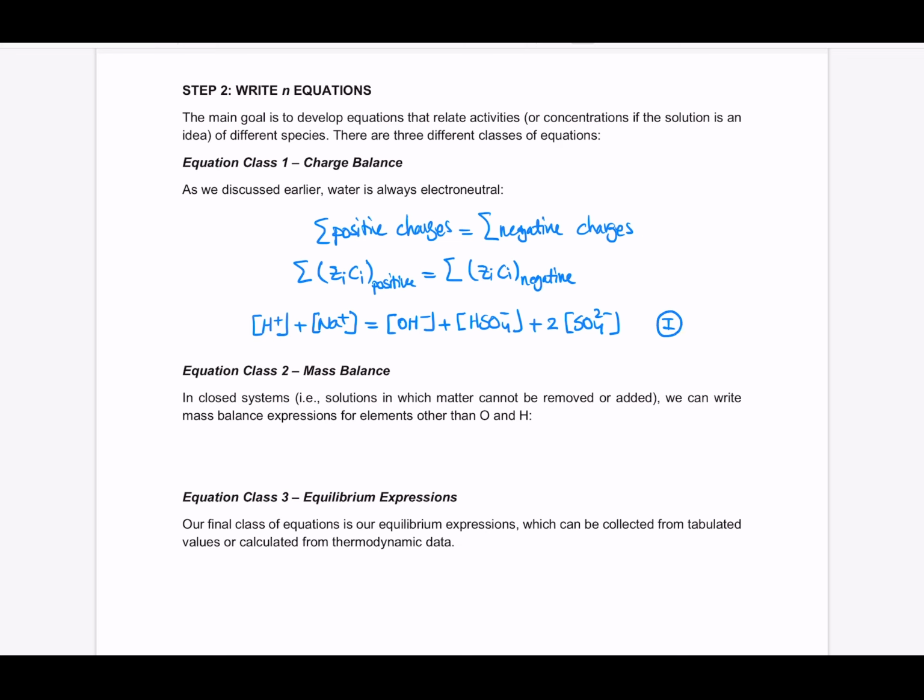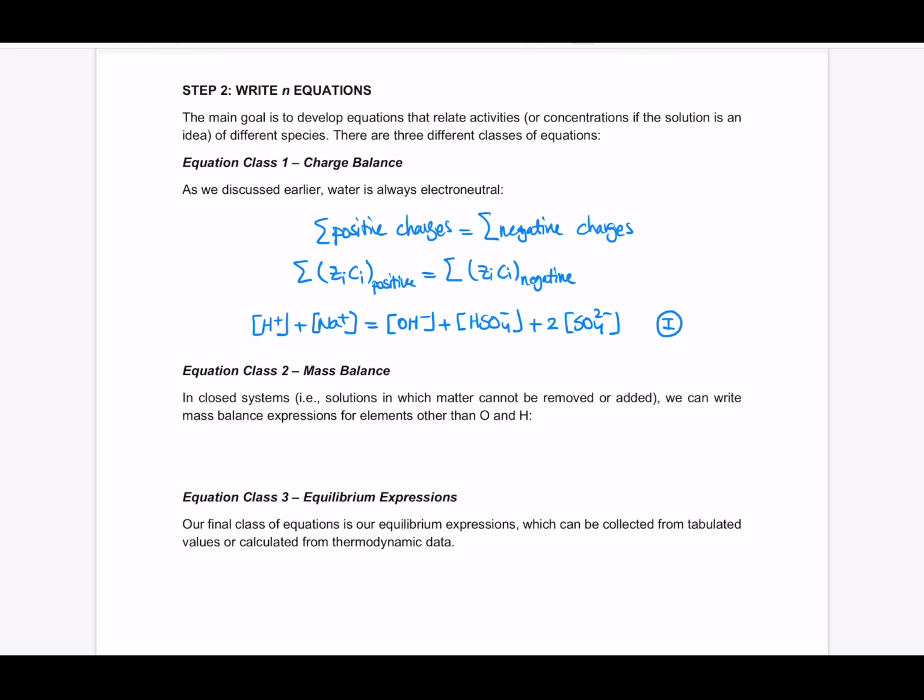The origin of this equation is coming from the charge balance class of equations. And we always have one charge balance, so there's no more than one. And this would be the core equation for solving for speciation when it comes to using Excel, for example. In lecture 10, you'll see that. Always, it has to satisfy this.